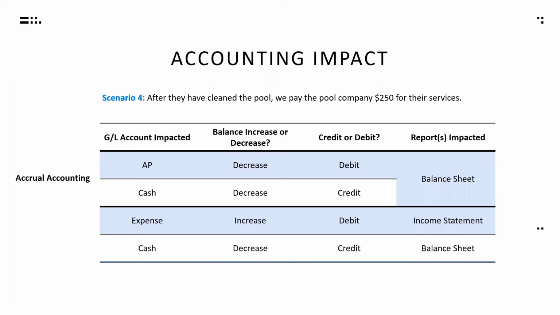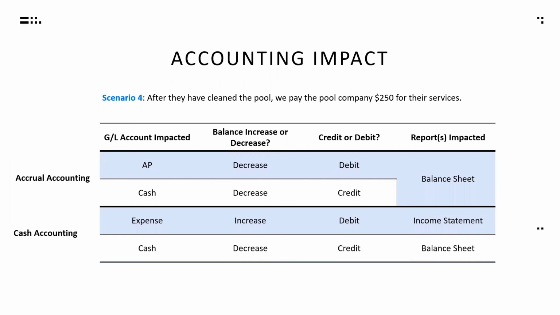Accounts payable is decreasing because we now owe less money to one of our vendors, and our cash account is also decreasing because we made a payment. In order for me to decrease my accounts payable account, I would need to debit it. And in order for me to decrease my cash account, I will need to credit it. This accounting impact will reflect on the balance sheet.